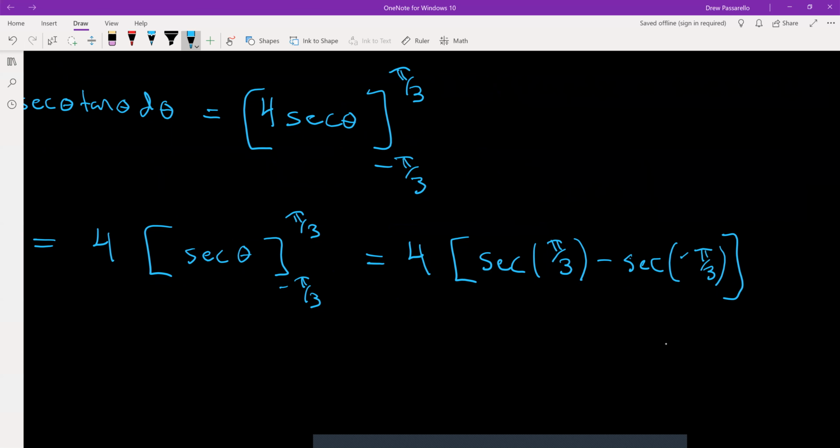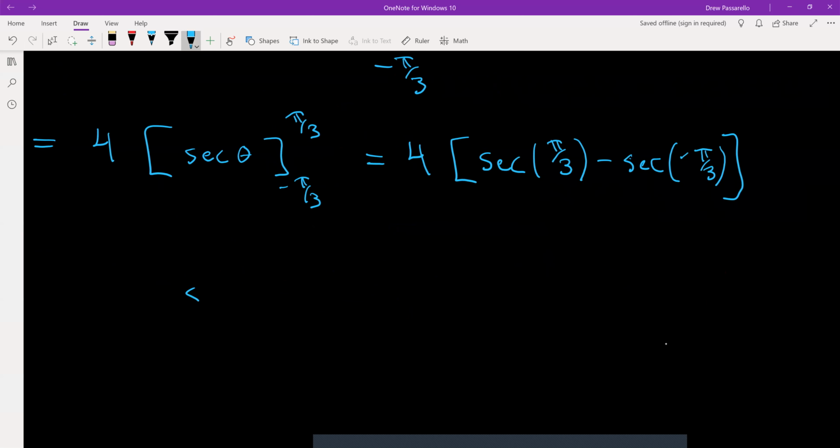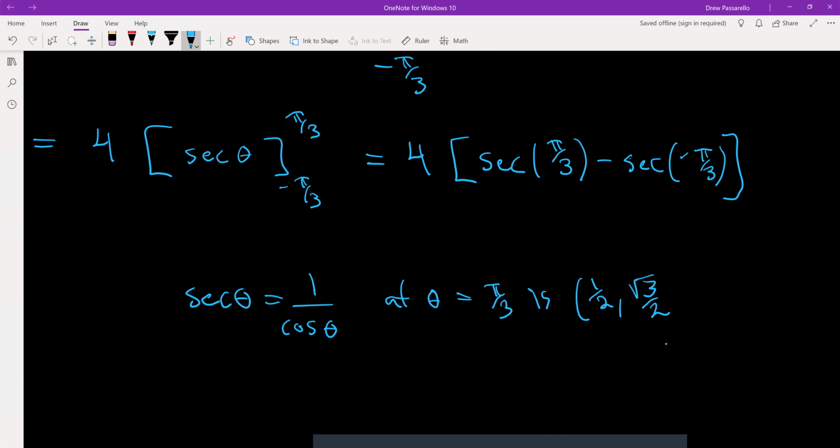And again, I would reference the unit circle. I know secant is 1 over cosine. At theta equal to pi over 3 is the point 1/2 comma square root of 3 over 2, and we know cosine is the x coordinate.